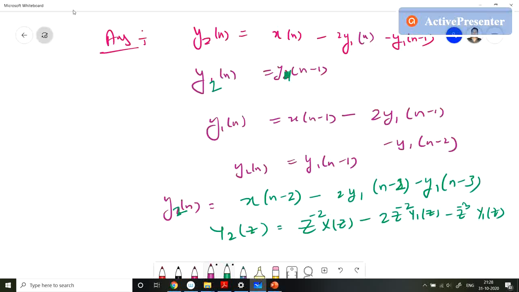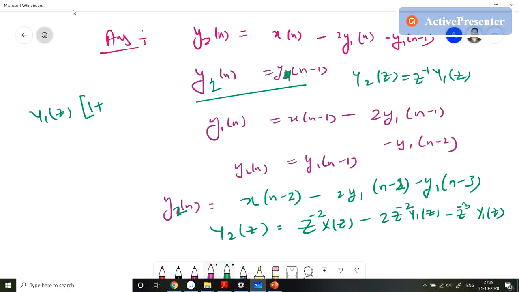Now we can combine all these terms together, so we will get Y1(z) times 1 plus... and using the relation that Y2(z) is equal to z raised to the power minus 1 into Y1(z), we can use this relation also.